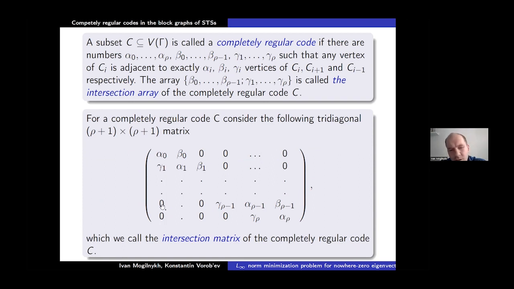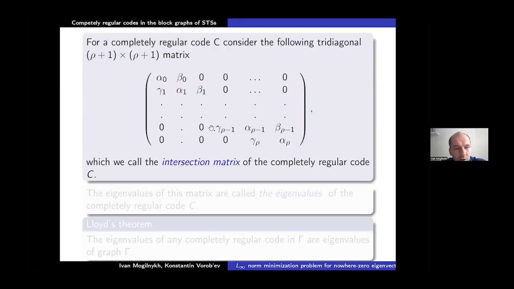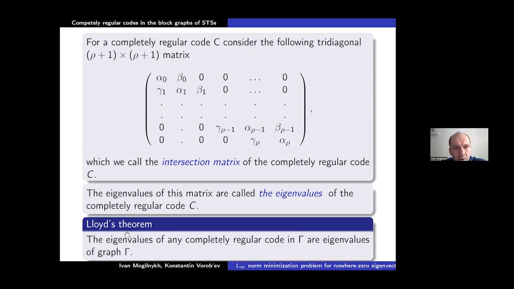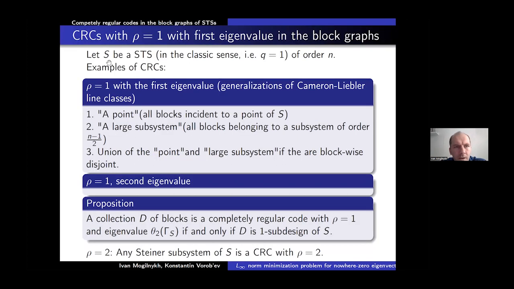Those are necessarily eigenvalues of the graph in which we take the completely regular code, which is known as Lloyd's theorem. And when we speak of a completely regular code with covering radius 1, we just have two alternatives for the non-trivial eigenvalue. It's the first eigenvalue or the second eigenvalue.